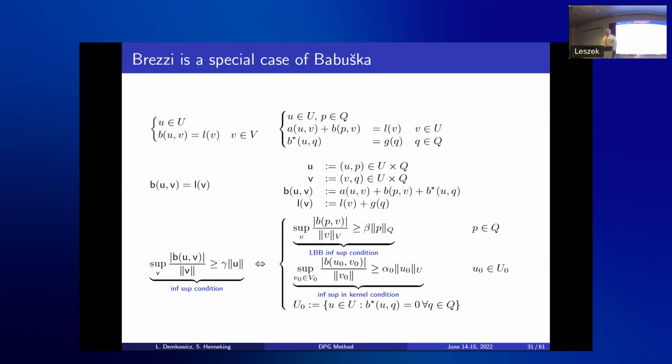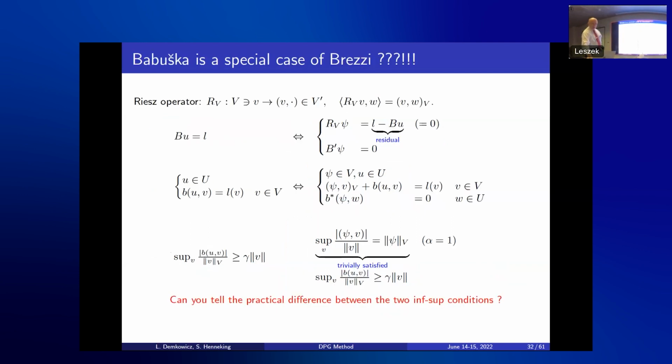So, in a sense, you might say that, without going into details, that Babuška implies Brezzi. But with DPG, the story is that also Babuška is a special case of Brezzi. Not only Brezzi is a special case of Babuška, but Babuška is a special case of Brezzi.